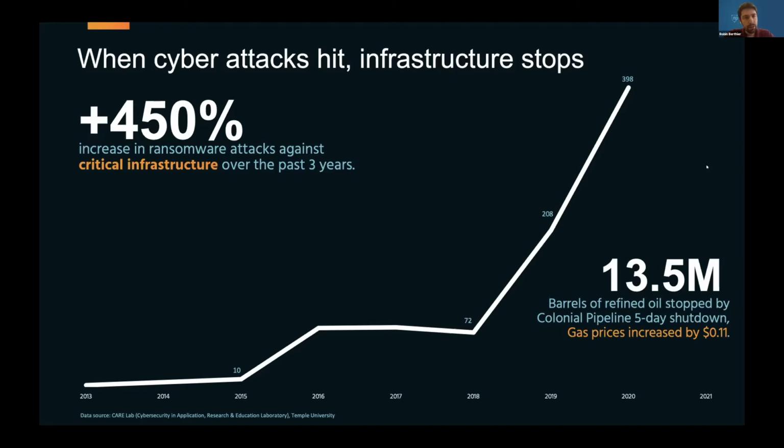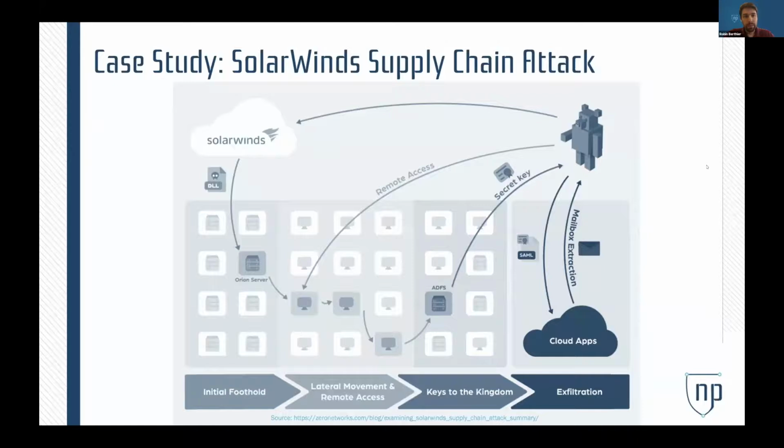If we zoom out and look at the trend in ransomware specifically against critical infrastructure over the past few years, we see a sharp increase, close to 500% just over the past 3 years. If we zoom in on some examples of high-profile attacks, in December 2020 we had the SolarWinds breach, in which the SolarWinds Orion application was compromised, and then a patch update was shared with 18,000 customers.